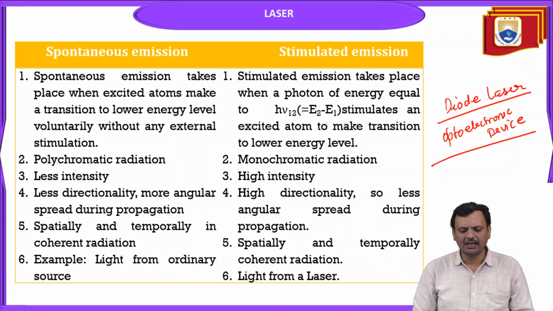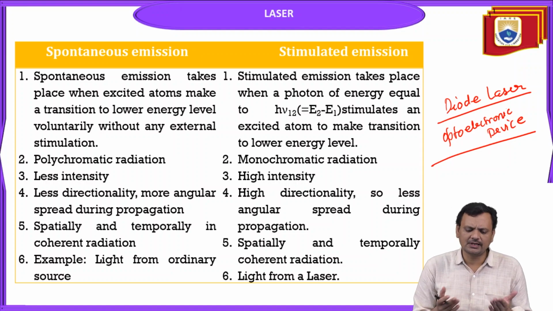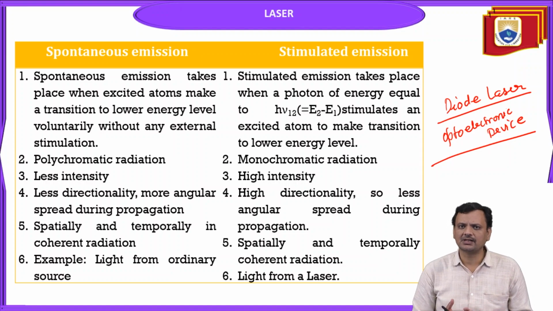Spontaneous emission takes place when an excited atom makes a transition to a lower energy level voluntarily without any external stimulation. This transition takes place naturally. Okay, but stimulated emission takes place when a photon with energy equal to the difference between two energy levels stimulates an excited atom to make a transition to a lower energy level.